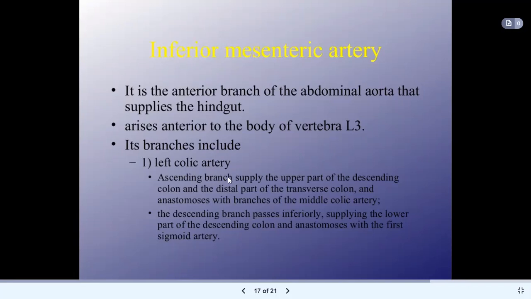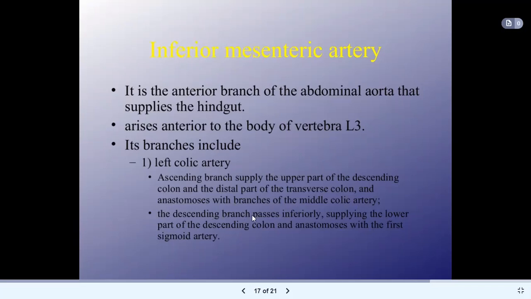The ascending branch supplies the upper parts of the descending colon and the distal part of the transverse colon, and then it anastomoses with branches of the middle colic artery.